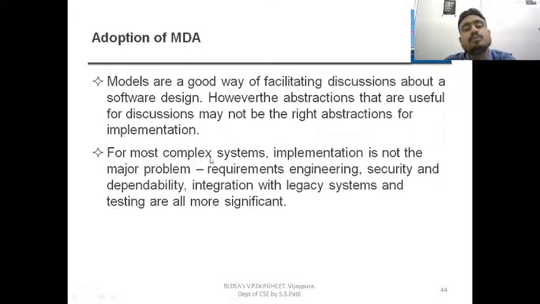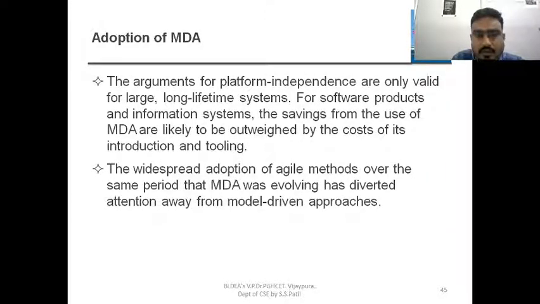For the most complex systems, implementation is not the problem, but what is? Testing. Security. Platform dependability. So how do you solve this? When it comes to a complex problem, you have to think about these aspects, and once you solve them, you can abstract them all and go for the development of that application.